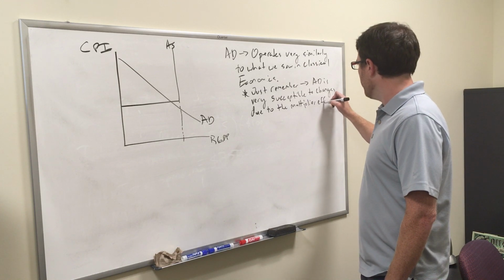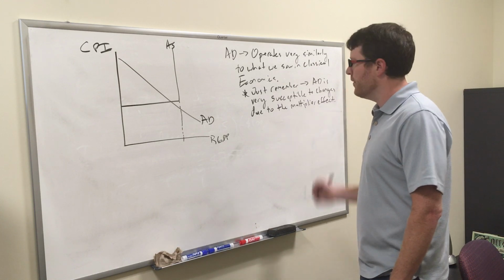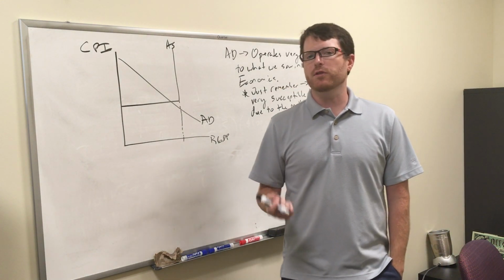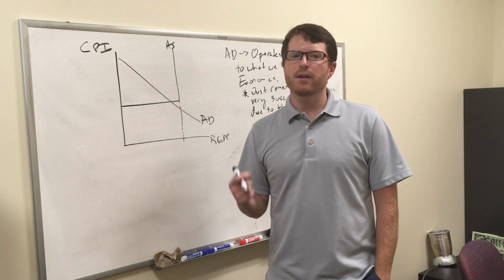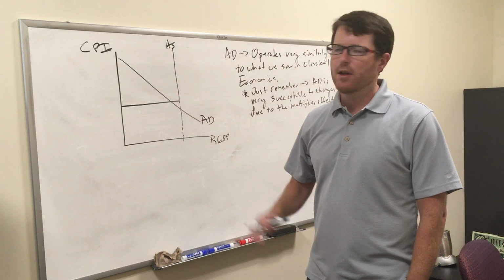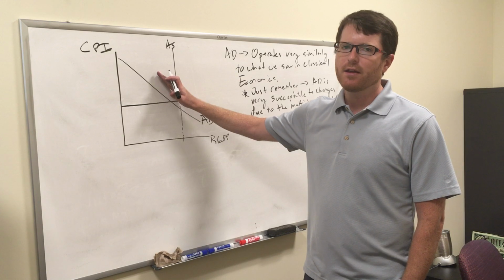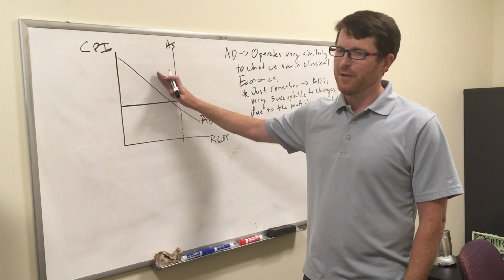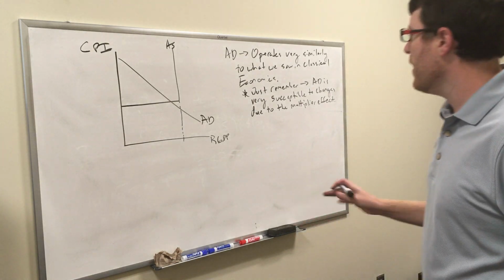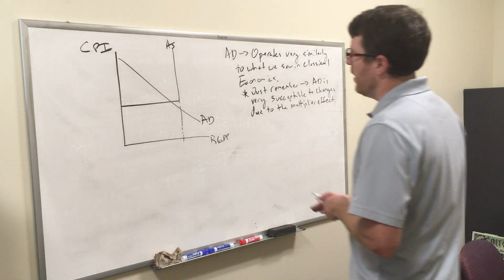We learned in the last video the multiplier effect results from the fact that if I spend my money, someone else gets it, and they're going to spend a portion of it too, and then it gets spent again and again and again. So aggregate demand can easily shift right or left, because if it shifts a little bit right initially, then the multiplier effect is going to cause an even bigger shift to the right after that. So aggregate demand, pretty similar to what you've seen before.